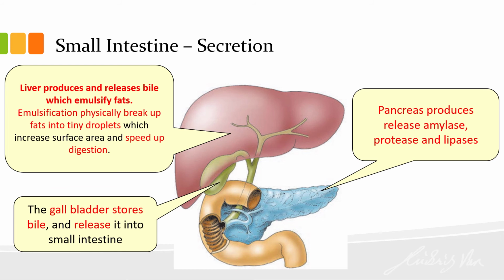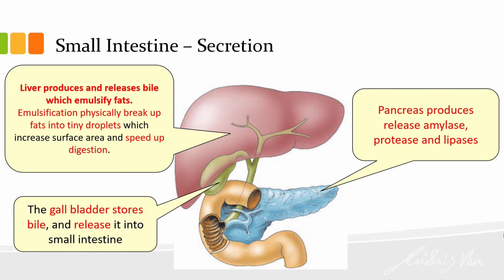The pancreas supplies the chemical weapon, which is the enzyme, while the liver supplies the physical strength, which is the bile. The small intestine is where all the digestion will end. All the nutrients will be digested in the small intestine, and the digested nutrients, which are soluble, will be absorbed into the bloodstream and get carried to our cells.